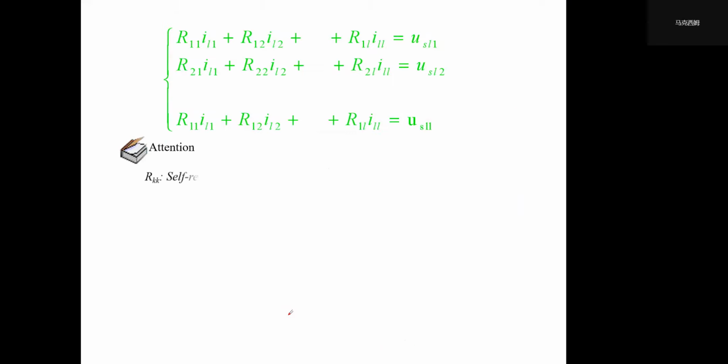But do remember that the self-resistance is always positive, and the mutual resistance could be positive or negative. That depends on the circulation direction.